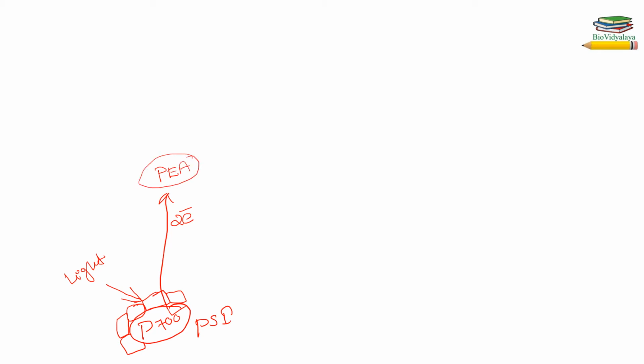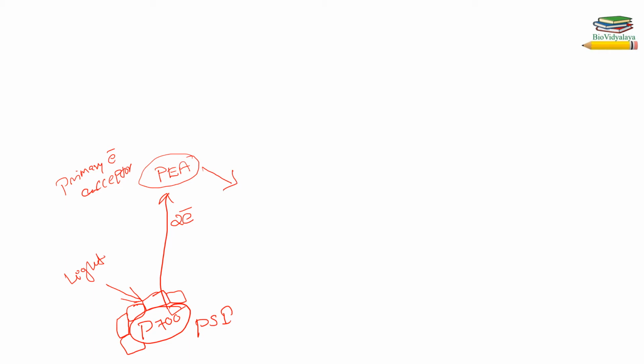This is the primary electron acceptor. From photosystem 1, the primary electron acceptor accepts two electrons. From this primary electron acceptor, the electrons move down the electron transport chain.